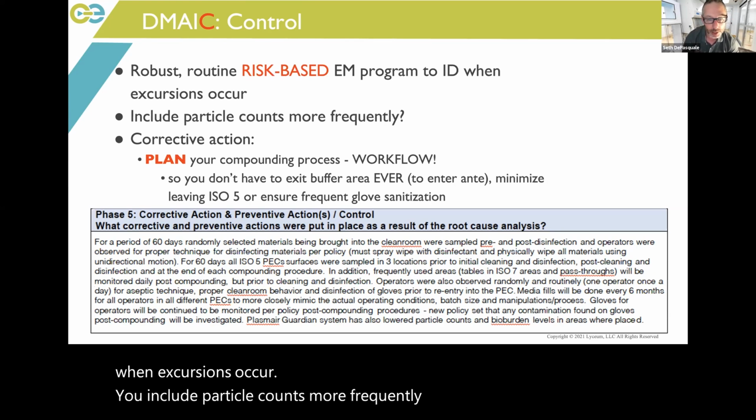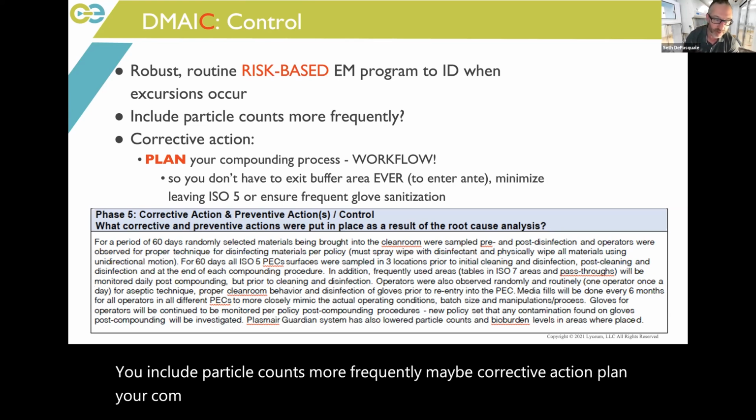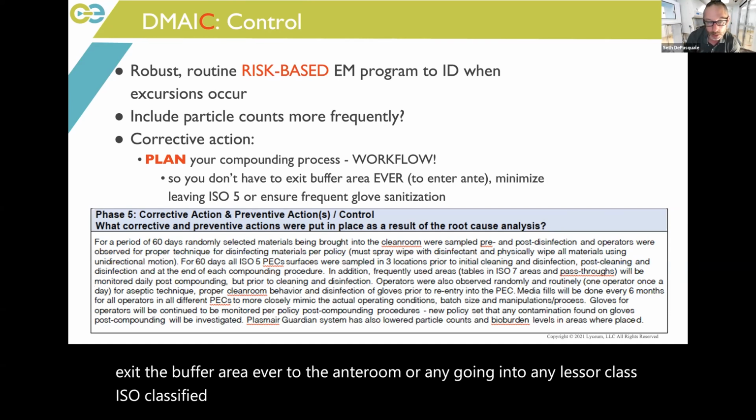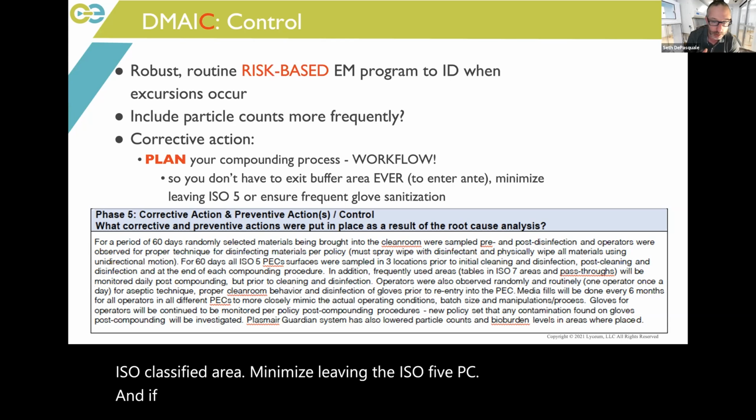Corrective action, plan your compounding process. It's all about workflow. So you don't have to exit the buffer area ever to the anteroom or going into any lesser class ISO classified area. Minimize leaving the ISO 5 PEC. And if you do, ensure that you're frequently sanitizing your gloves.